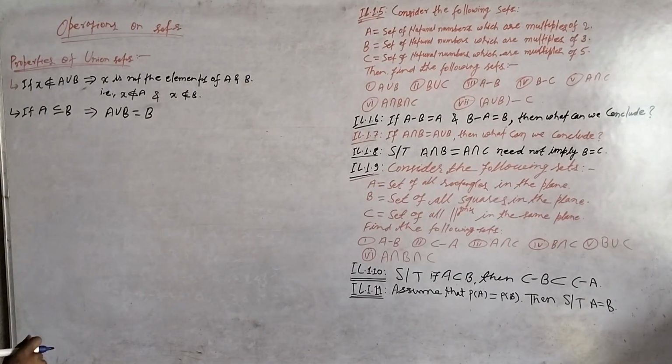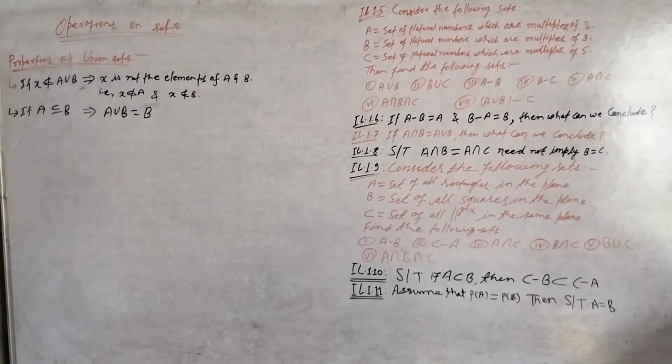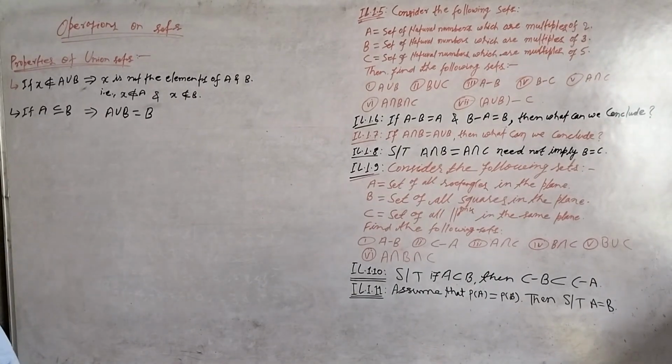Next, A union B follows the commutative law and the associative law.